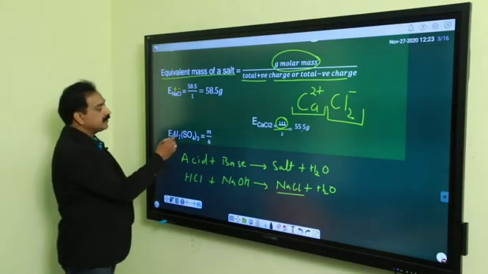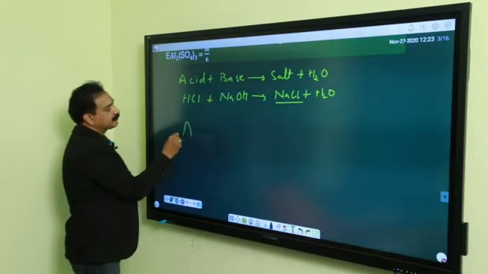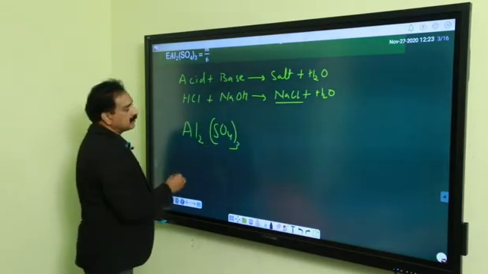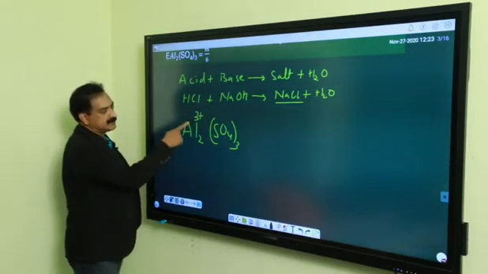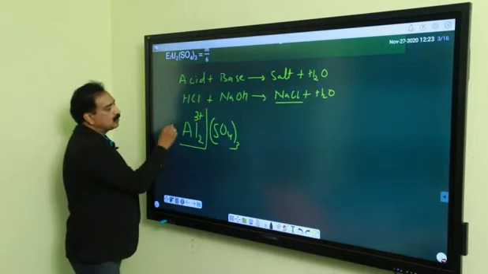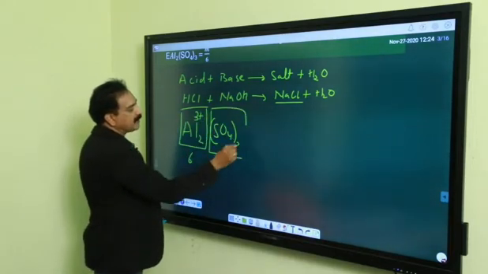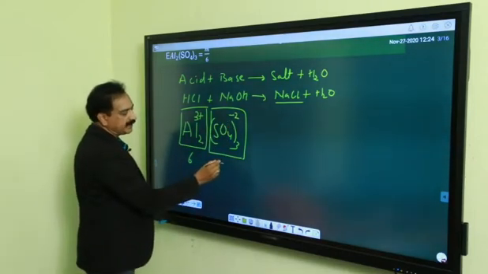Is this all right? Look at aluminium sulfate, Al2(SO4)3. What is the total positive charge? The valency of Al is 3, so it is 3 positive into 2, that is 6. And for the sulfate ion, it is 2 negative, so minus 2 into 3, that is minus 6.